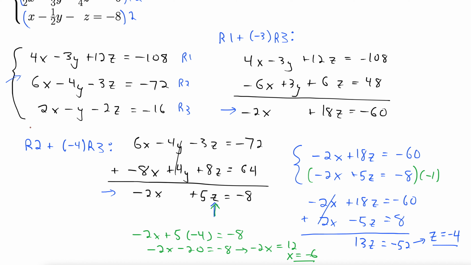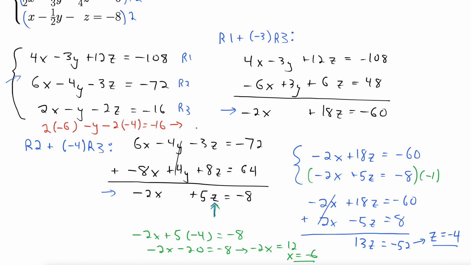Alright, I'm thinking this bottom row here looks like the easiest way. Again, you could choose any of these three, but usually you want to choose whichever one looks a little bit easier. So let's plug in here to this bottom one. X is negative 6, so we have 2 times negative 6 minus y minus 2 times z, which is negative 4, equals negative 16.